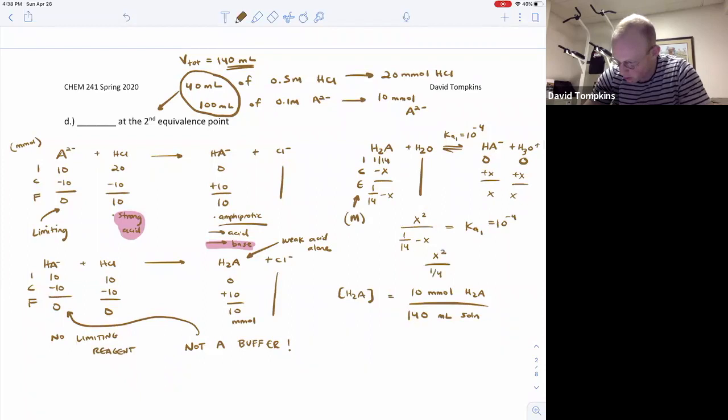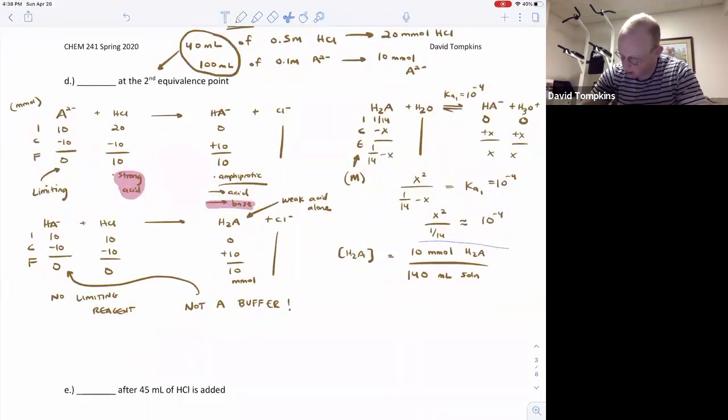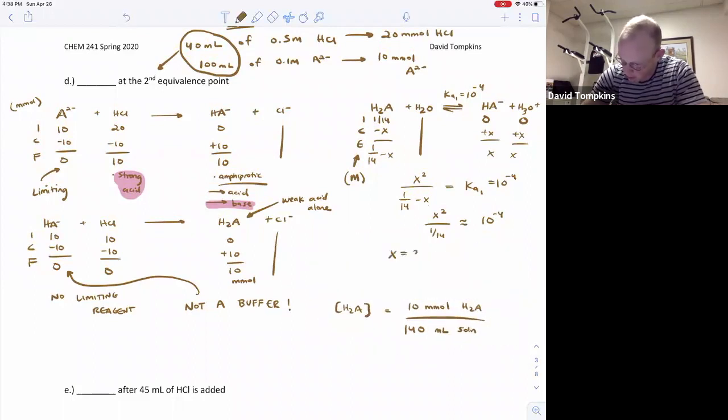So I'm going to say, especially on a multiple choice exam, you can approximate this as x squared over 1 over 14 is equal to 10 to the negative 4. Okay, and then we'll plug that in and take the square root. And for x, I'm getting 2.7 times 10 to the negative 3 molar.